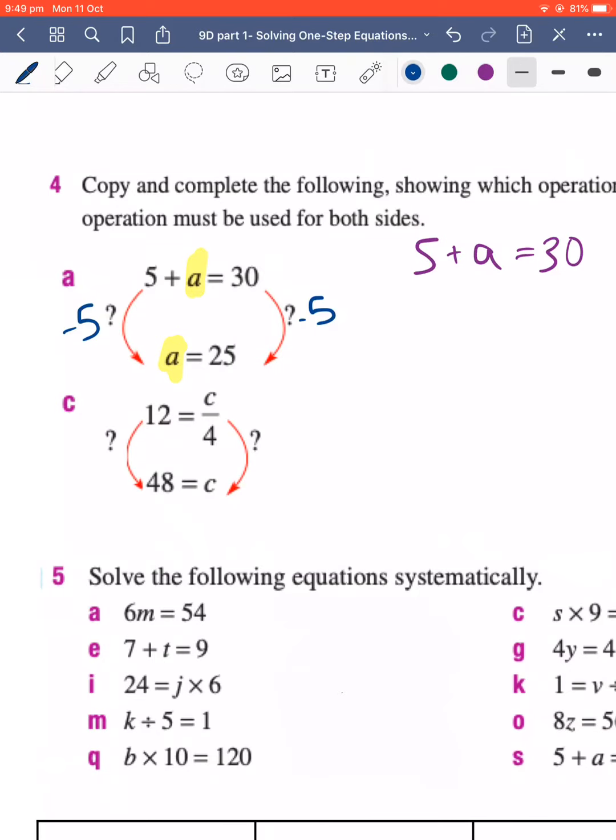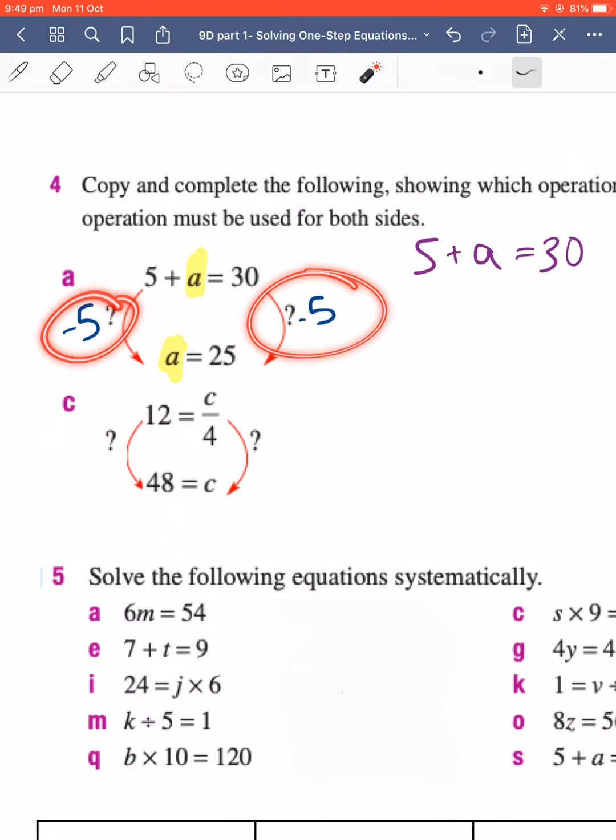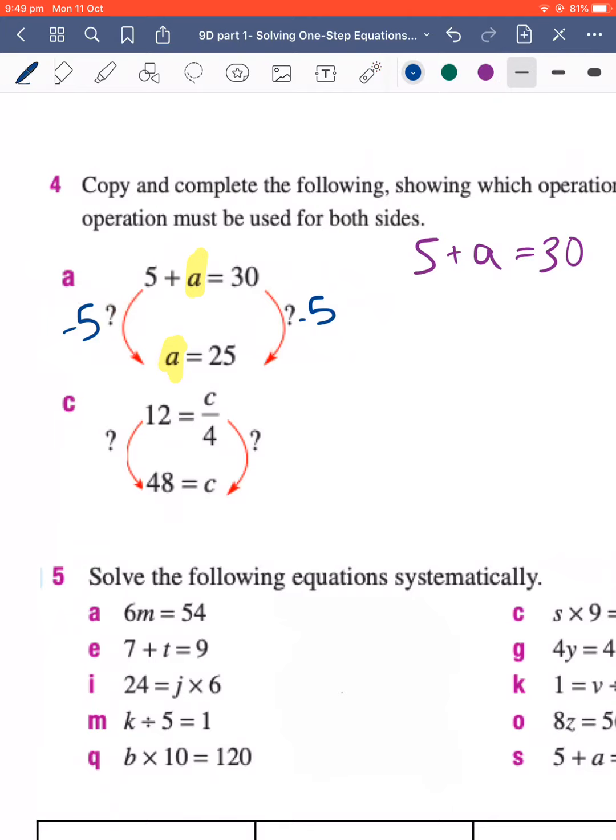And then I do the operation that I've done here on both sides. So I minus 5 here, and I minus 5 here. Then on my next line, 5 minus 5 is 0, so I just end up with a. And 30 minus 5 gives me 25, so I am done for that one.